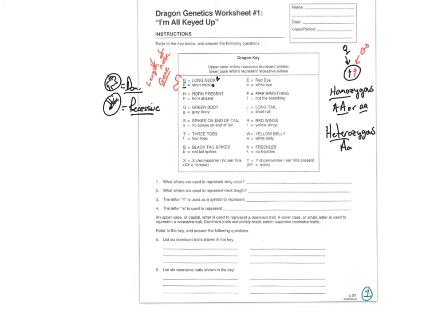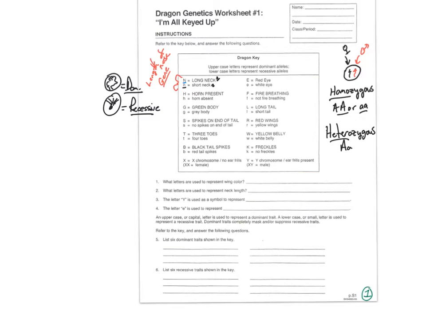Letter E is used for what? Again, look around here. Now, notice that's lowercase e, and this is uppercase Y. That's important. Then it says uppercase or capital letters are used to represent the dominant trait, which we just went over, and lowercase is used to represent the recessive trait. So this is a dominant-recessive project.